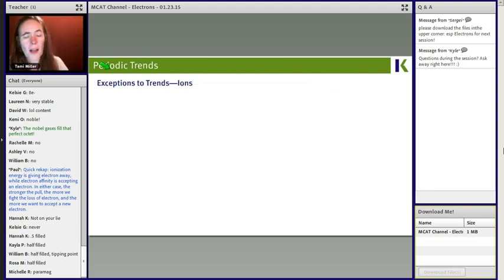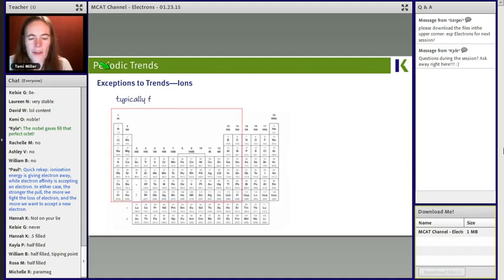Now, let's talk about some more exceptions to our trends, and these are our ions. When we look at our ions, if we look at the metals, these are typically going to be cations. They're typically going to lose electrons so that they can be positive. And remember our d orbitals, our d subshell. These guys are our transition metals.